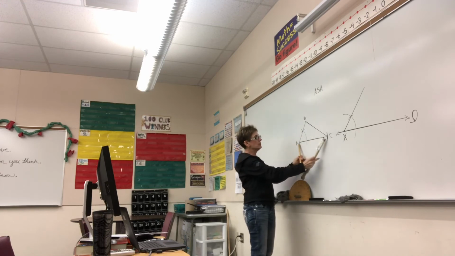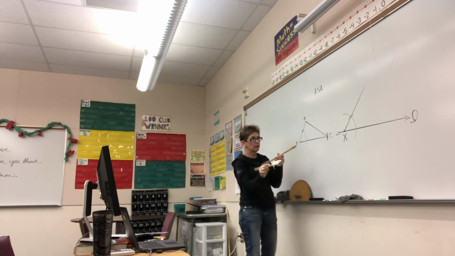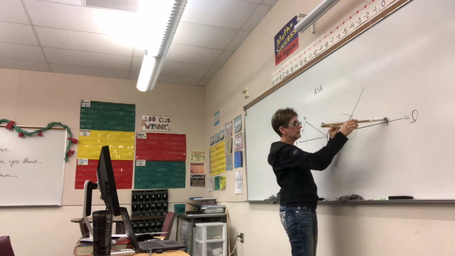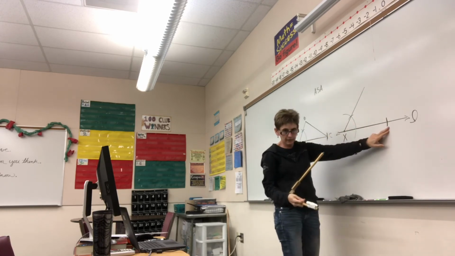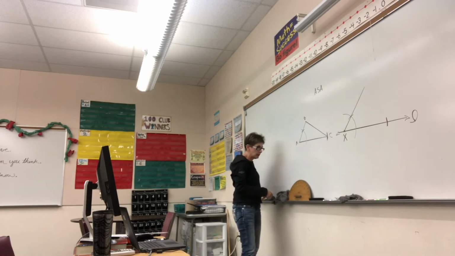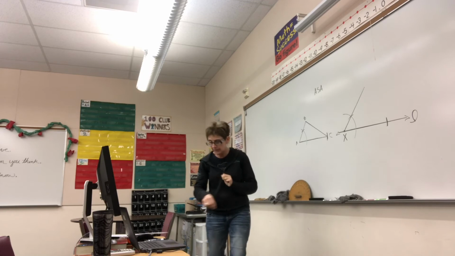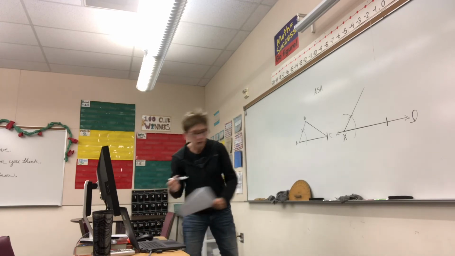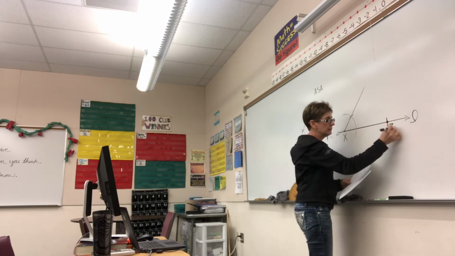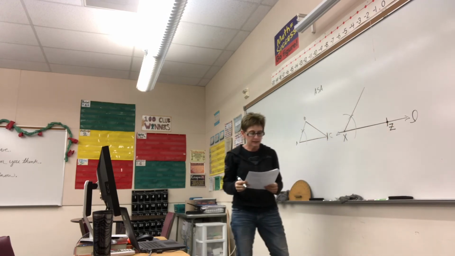So I've measured the length of side AC and put an arc there. I need to have that same measurement now on this line here. Every mark I'm showing on the board is one you would need to show to get 100% on your constructions test. Now we're going to call this point Z. Okay, let's see what it says next.